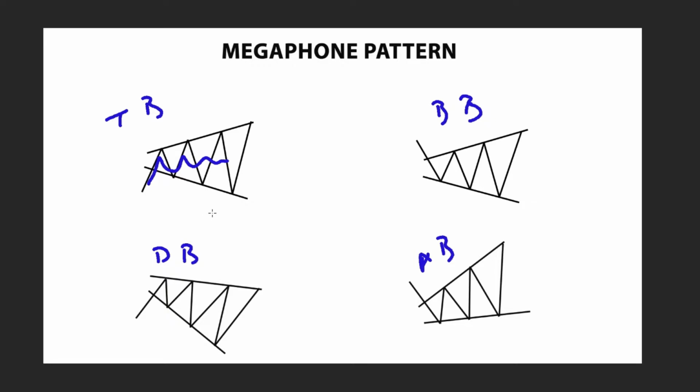With the top broadening pattern, this is typically bearish itself. So what would typically happen is it would go up, reach its high, and come all the way down. Now, it does happen at times that it can shoot up even higher.